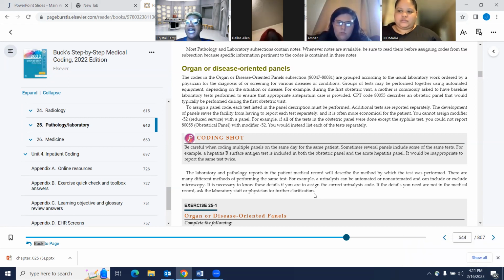It says a urinalysis can be automated or non-automated and can include or exclude microscopy. It is necessary to know these details if you are to assign the correct urinalysis code. If the details you need are not in the medical record, ask the laboratory staff or physician for further clarification. So what are different types of urinalysis that can be done that would make that code different?